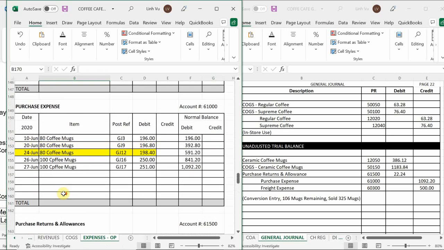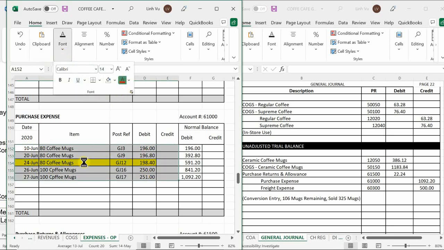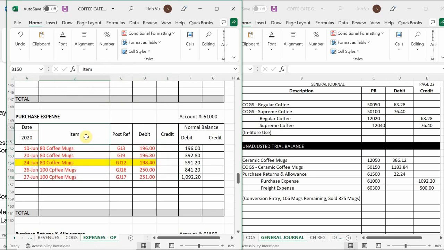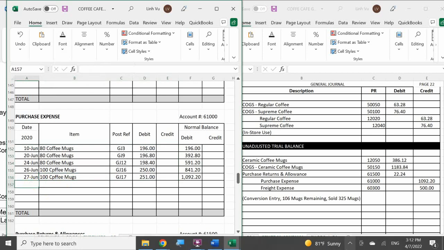Okay. All right. And then let's see, we've got a purchase expense. Okay, so purchase expense, it's the 30th. I'm going to write here conversion entry.